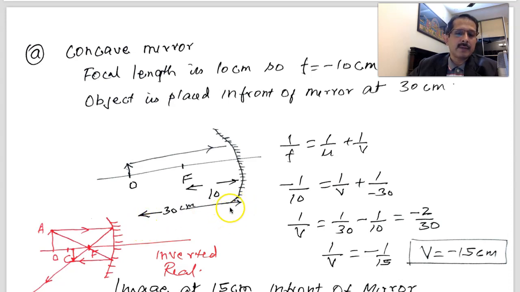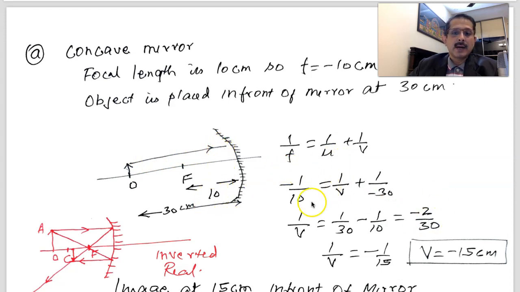Remember one thing, always put the arrow mark so that there is no confusion. As I said in the sign convention, the distance is always from pole to the object, so the arrow would be like this, where I'm pointing with my cursor. So it is opposite to the incident ray, so it will be negative.